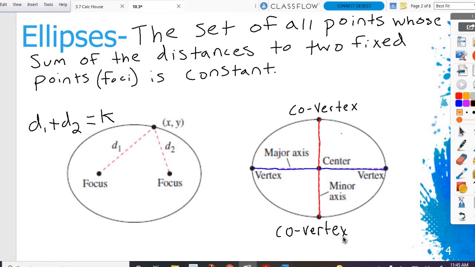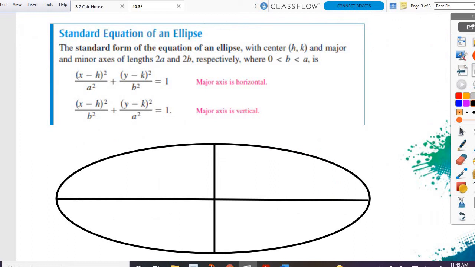So remember that with all of our conic sections, we are going to have equations. And that's going to be the basis for a lot of the stuff that we do for them. So we need to have our equations written down. We have two types of ellipses. There's a horizontal ellipse, which is like what is shown.